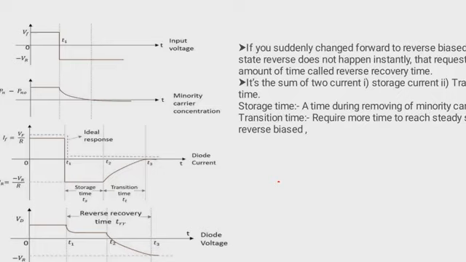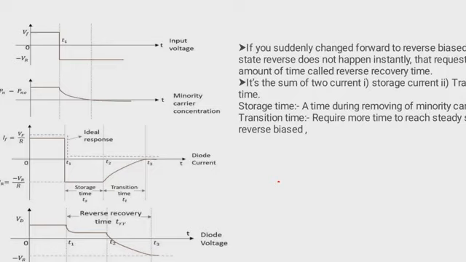The first step is to remove the excess carrier, which I told you already. If you want to operate a diode in reverse biased mode from the forward biased state, you have to remove the excess minority carrier first.